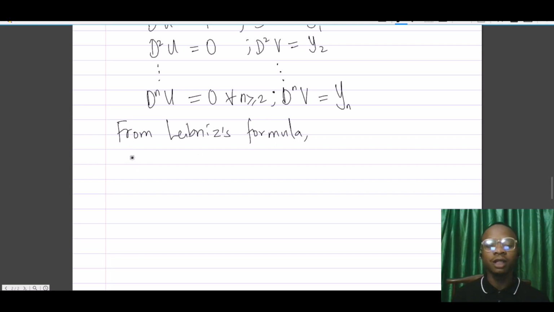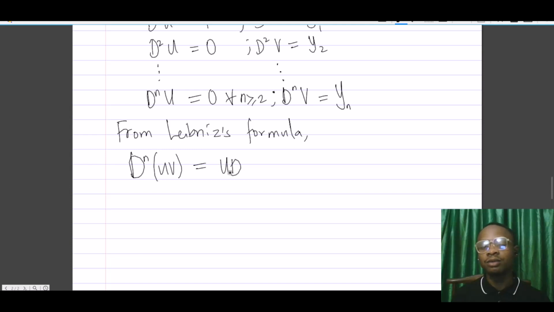So what happens from here? We know that our nth derivative of uv is meant to be, we obtained this already, so I'm just trying to remember that expansion that we already did.